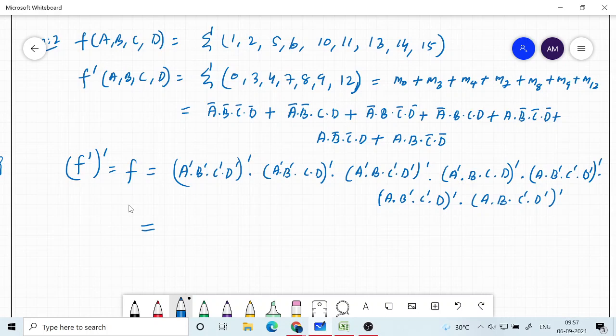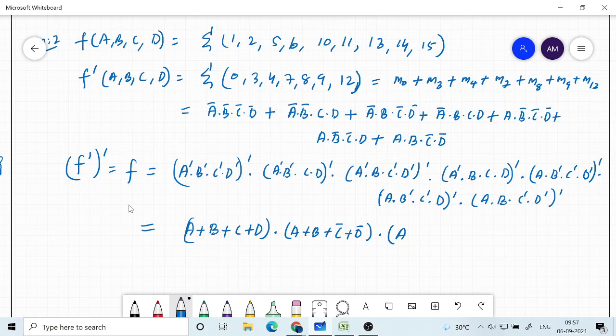Then what you will get is a plus b plus c plus d, dot a plus b plus c bar plus d bar. So we are applying DeMorgan's theorem two times. First we applied it to the whole complement, and then in the further step to the individual terms.